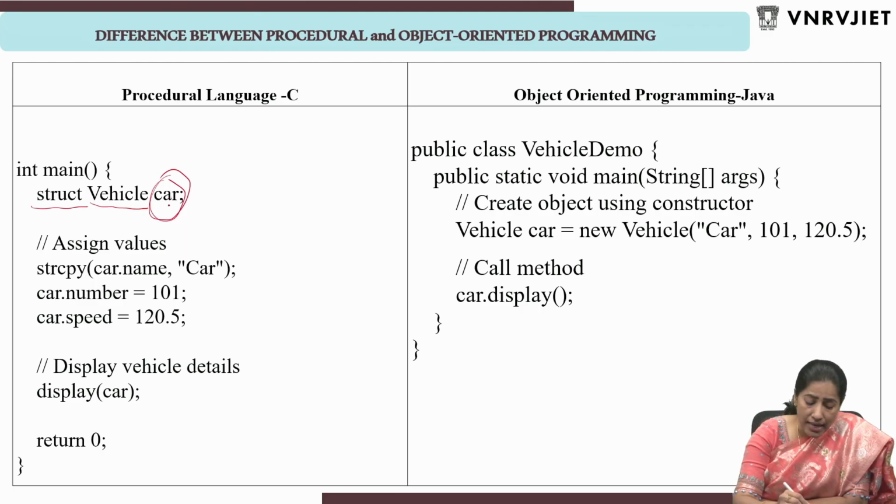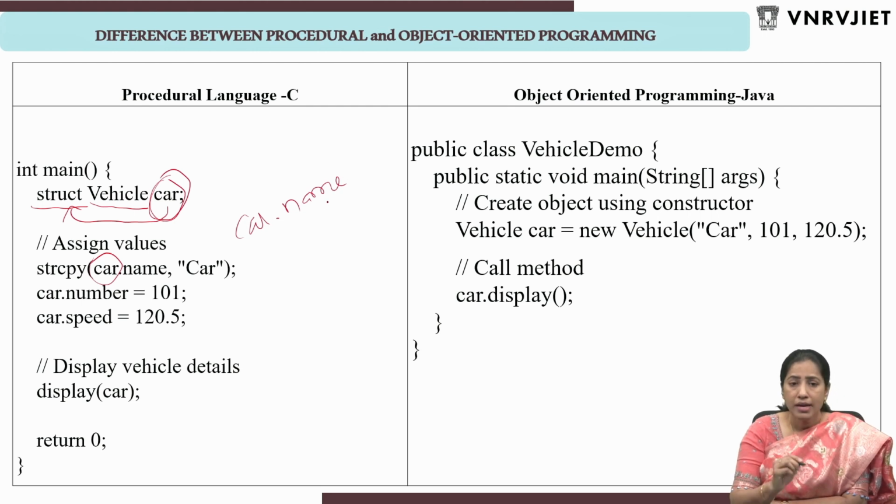Now this acts as a variable for this structure vehicle. Now using this structure variable, car dot name. What is name? Name is a vehicle structure property, the name of the vehicle.